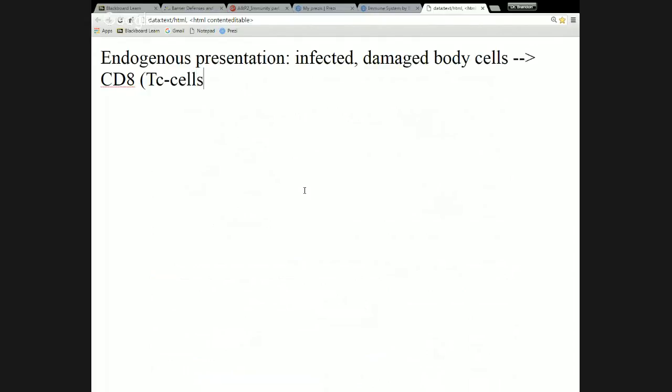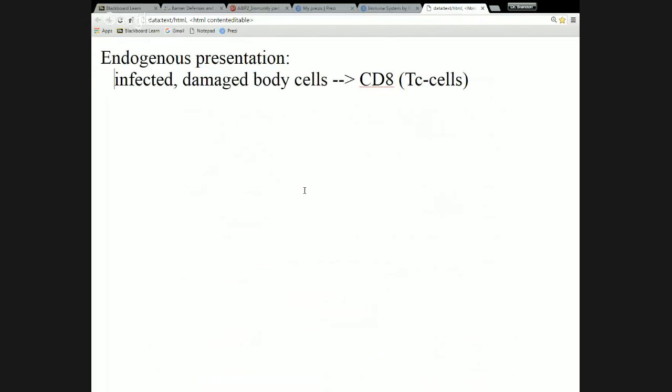Now I can't put a subscript on the board here. The thing that I'm using just doesn't allow that. So I just put a lowercase c there instead of the subscript. And it requires class 1 MHC. I was hoping it would fit.